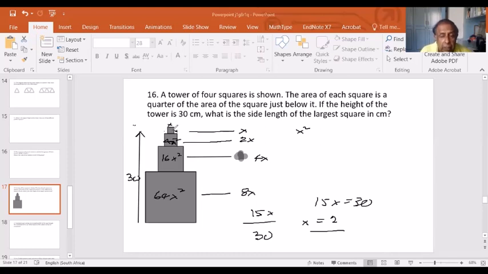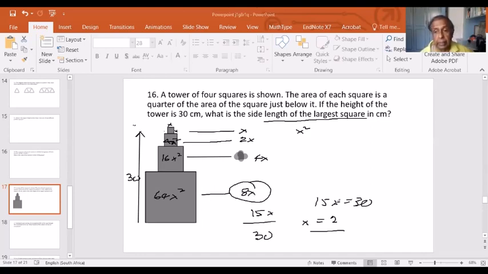So your original square was 2 by 2. There's 2 length and 2 breadth. But the question is, what is the length of the largest square? So let's go straight to that. The length of the largest square is that one, right?